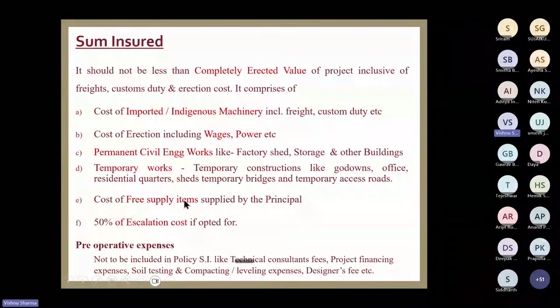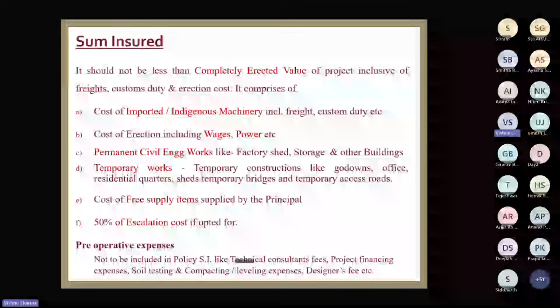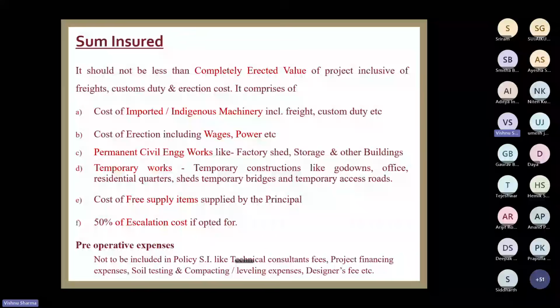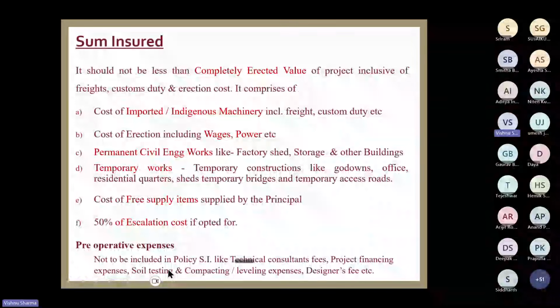For example, technical consultation fee, project financing expenses, soil testing, compacting and levelling expenses, designers fee, designers consultants fee, all these things, etc. In some cases, I have seen that contractors add the cost of land also in the project cost. It is not supposed to be insured. Land cost is not supposed to be insured. Only the project cost is supposed to be insured. So if all these things are added, please remove them. Otherwise, you are charging extra premium.